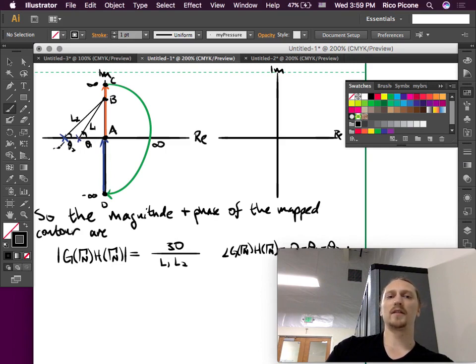This is at -7, and this is at -4. So 7 times 4, 28. So 30 divided by 28 is pretty close to 1, right? So we're going to have our first point on the mapped contour. I'll make this orange because it's going to be for this segment here. It is going to be at angle 0 and magnitude of about 1. Okay.